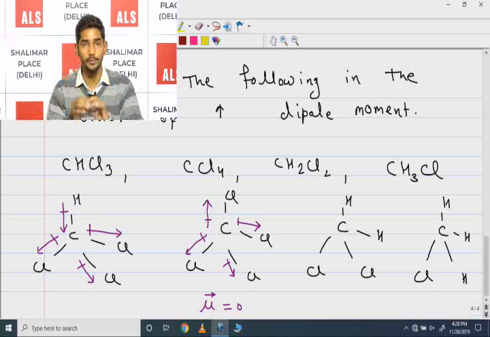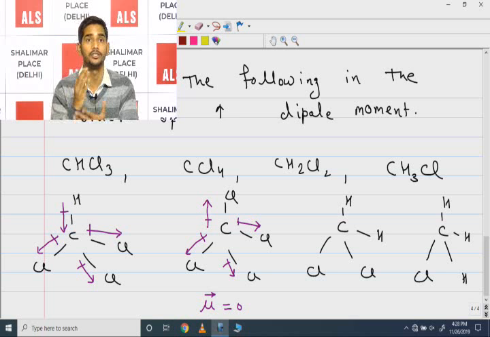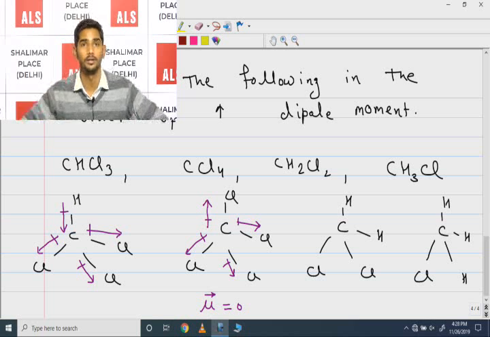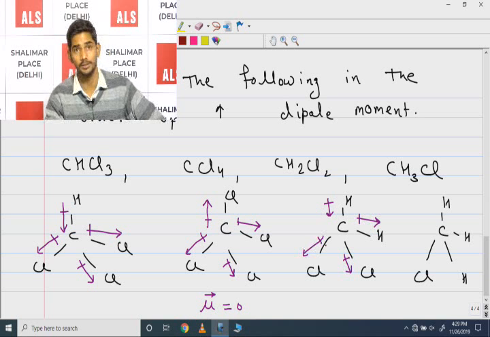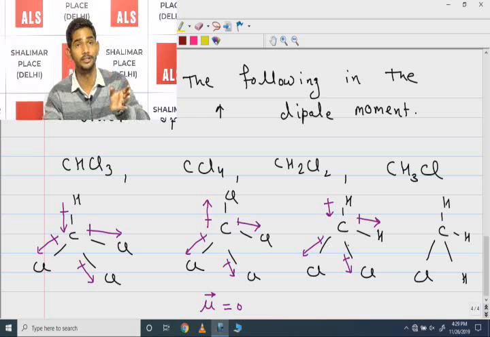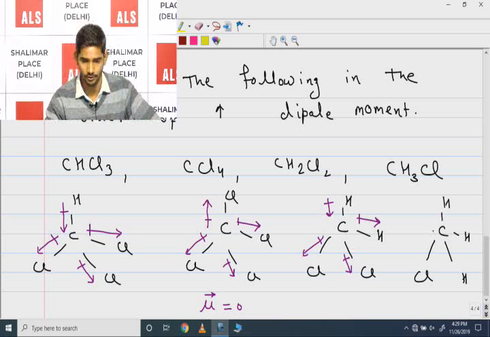So just think about which electronegativity difference can create the higher charge, and whichever creates the higher charge will have the higher dipole moment. In the same manner, you can draw for all these. Or you can simply check where the net addition is higher and where the net subtraction is higher. This will definitely help you.